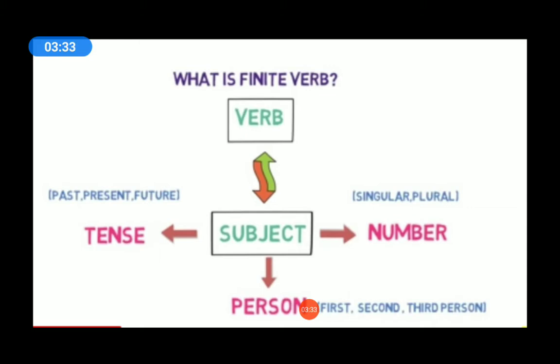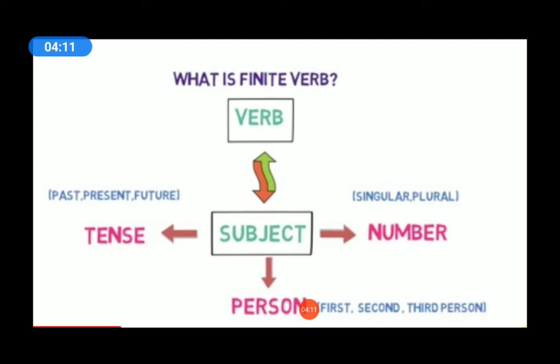This means that a finite verb changes with the change in the number of the subject. And when we say person, person in grammar means first person, second person, third person. As you know, first person is I, we, second person is you, and third person is he, she, it, they. You know this much. So a finite verb is that verb which also changes its form with the person of the subject.